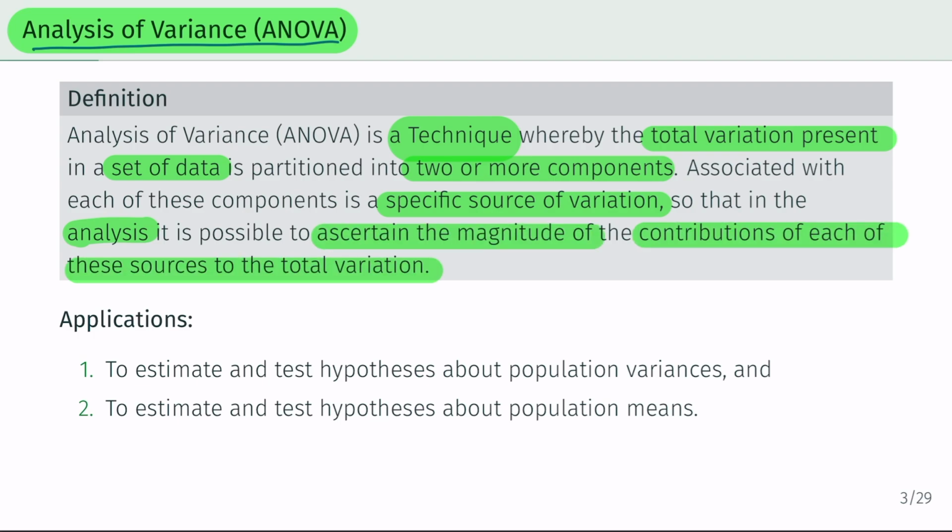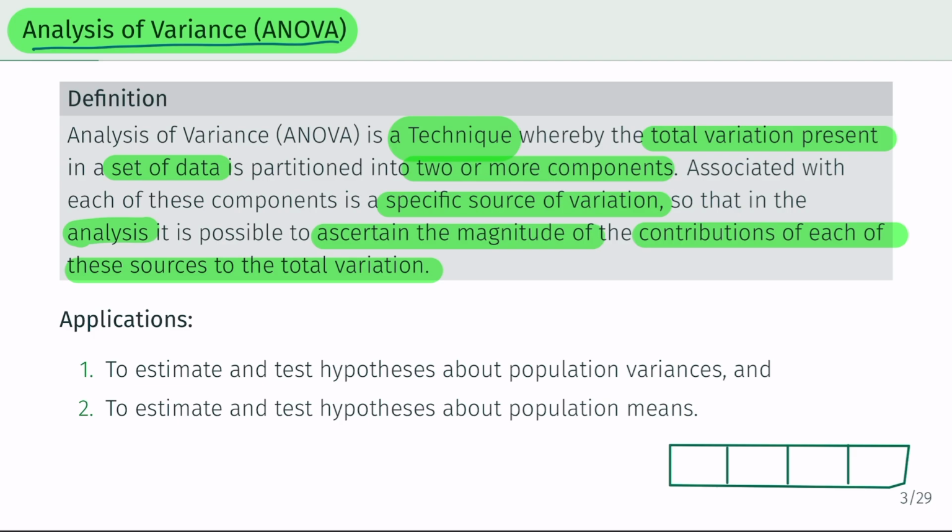Let me put an analogy to this. Let's consider that the total variation is represented by a rectangle. What we are doing in ANOVA is taking the total variation and splitting it into two or more components.